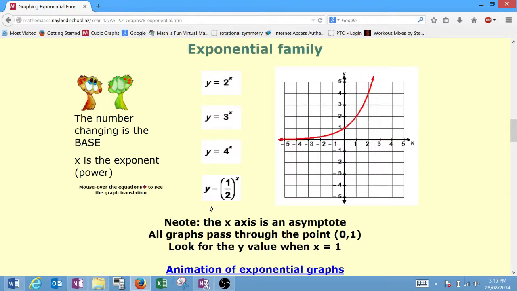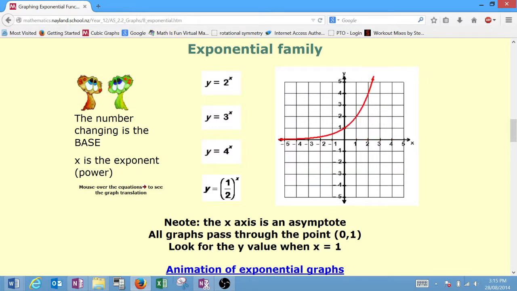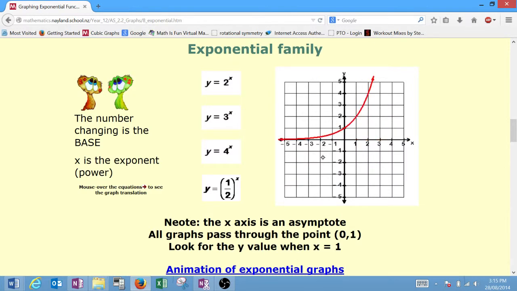If we go y equals 4 to the power of x, those key points have changed again, so now it's 0, 1 and 1, 4. You'll notice that if we change to a half, we've got the key point of 0, 1, and then we have another key point of 0 and a half, and it reflects that graph in the y-axis. We looked at that the other day, so you might want to write some notes about that quickly.